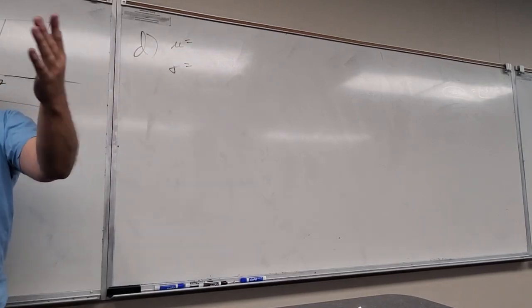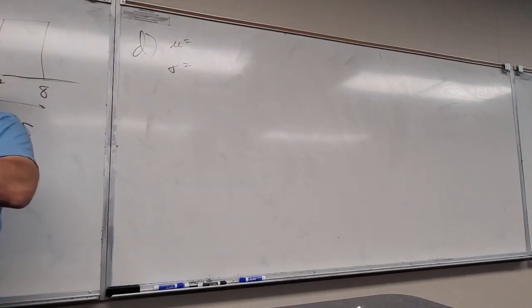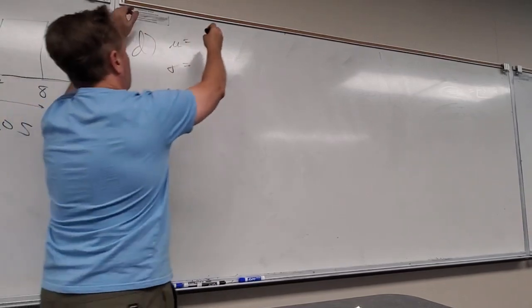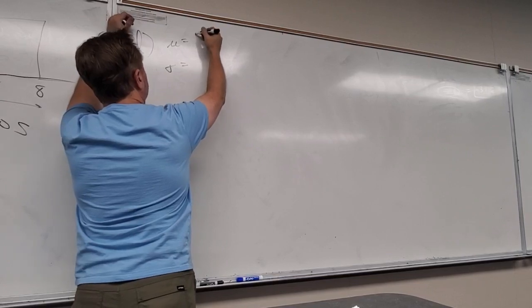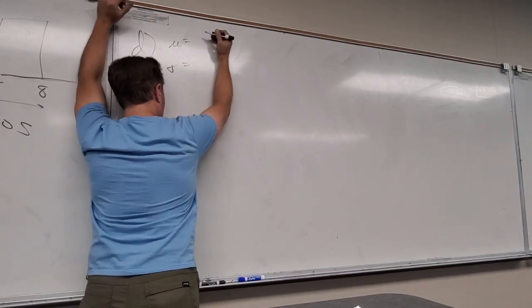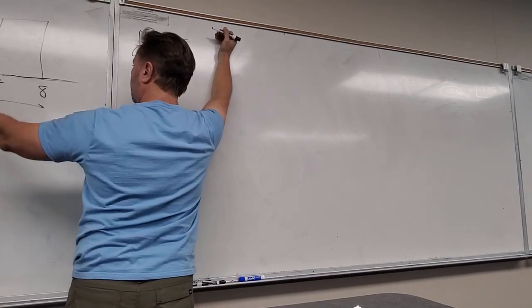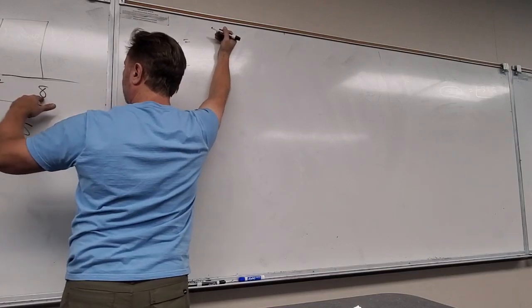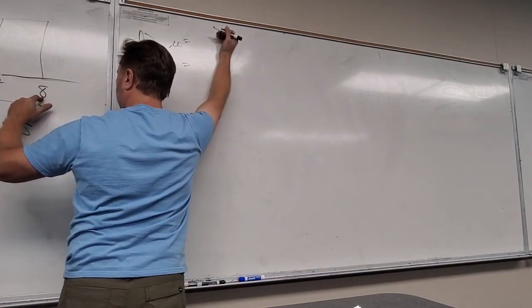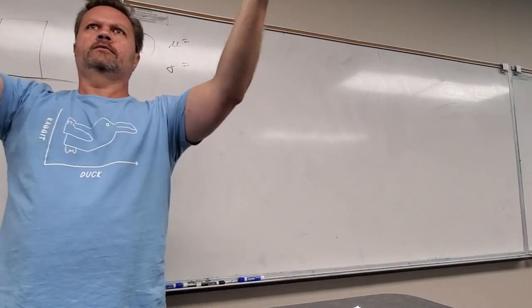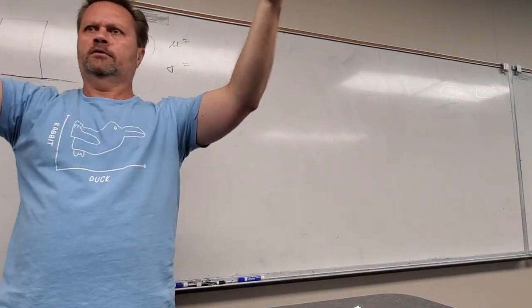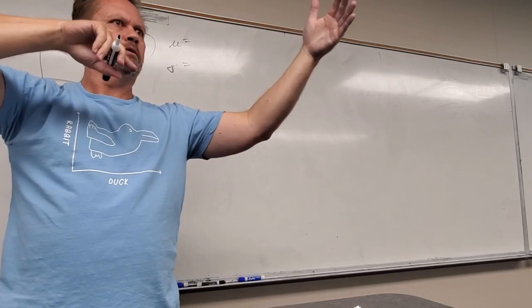So what's the formula for the mean of a uniform distribution? Or better yet, what's the mean if it goes from 2 to 8 evenly?